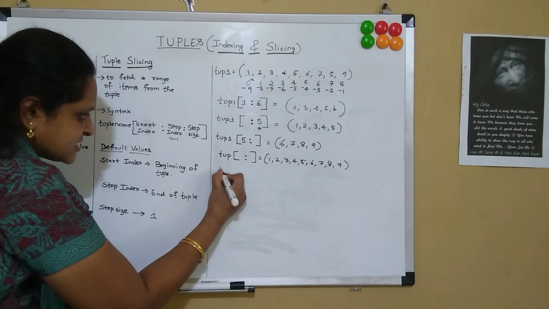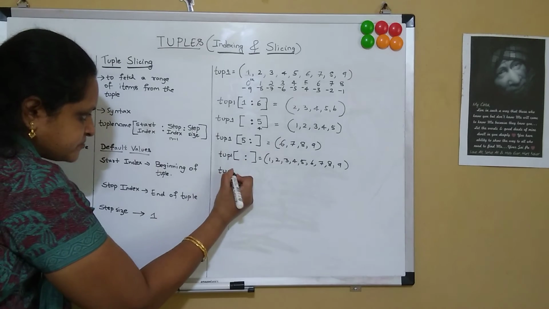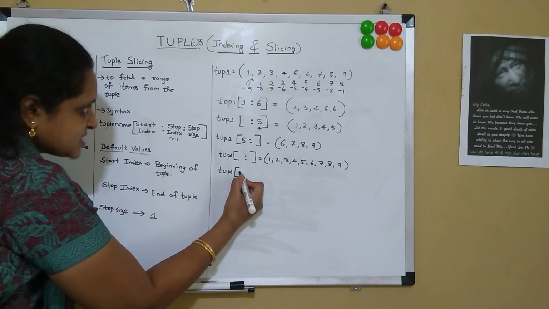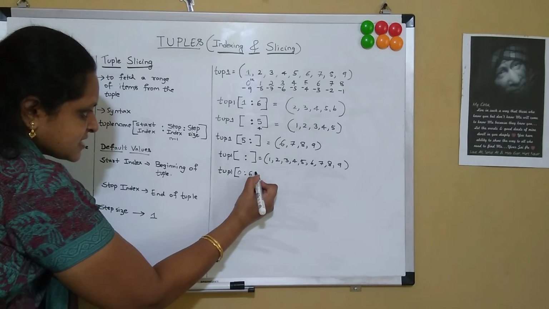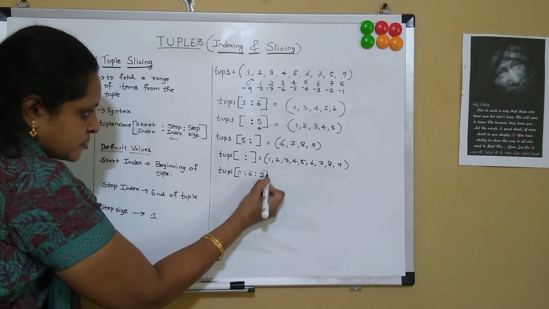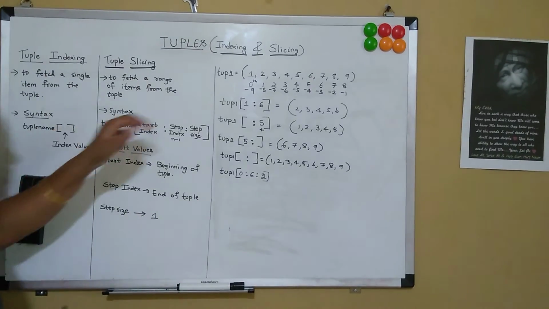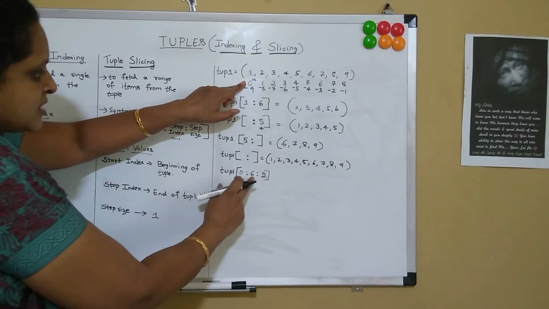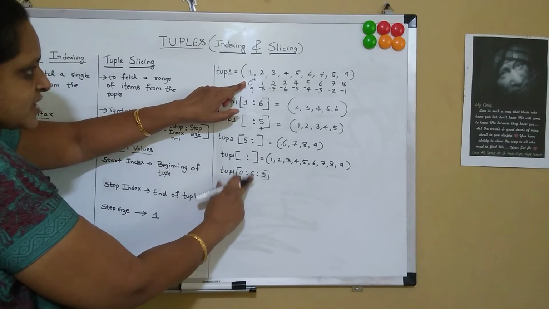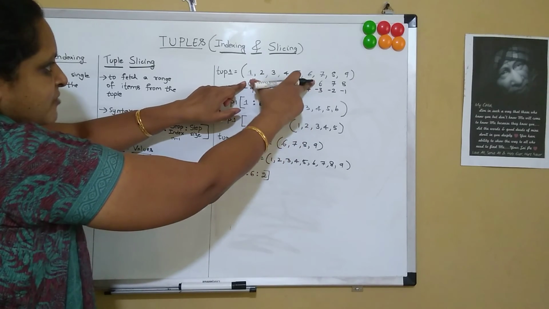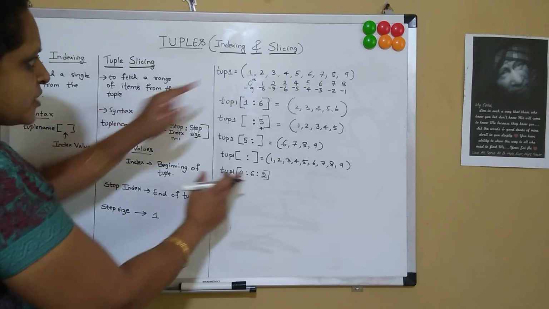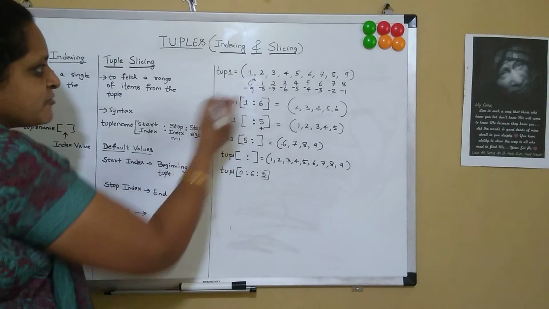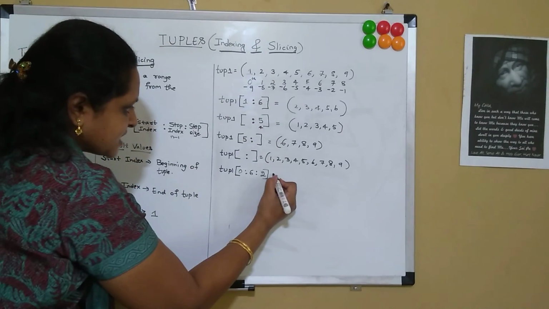And now if I say tuple 1, if I give my start index as 0, stop index as 6 and step size as 2. So it will range from 0 till 5, 6 minus 1 is 5. So it will take from 1 to 6. But I have given step size as 2. So it will omit every alternative element.